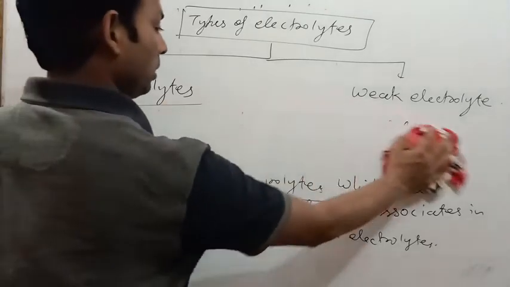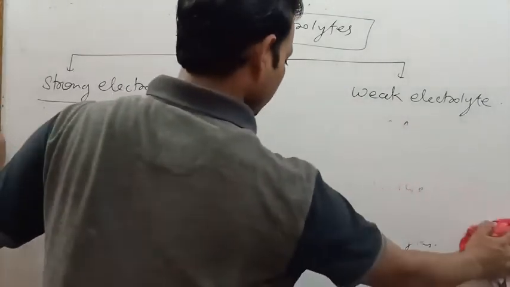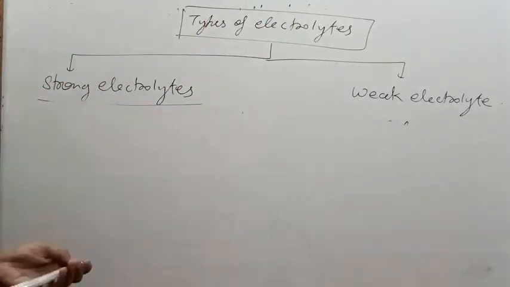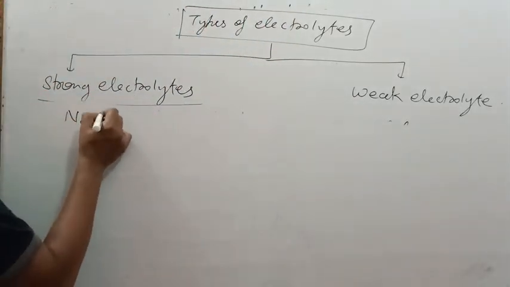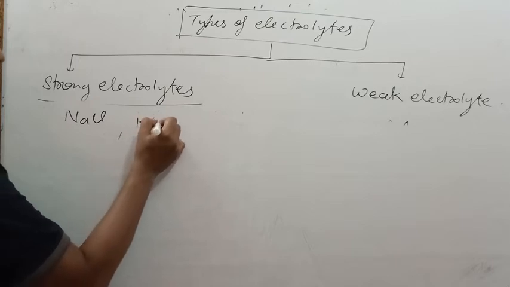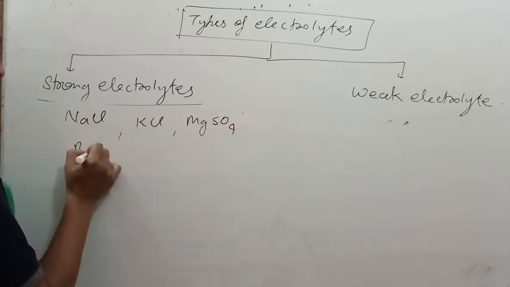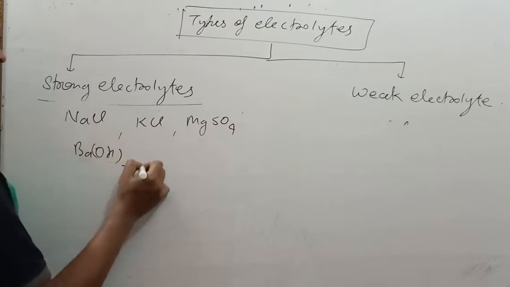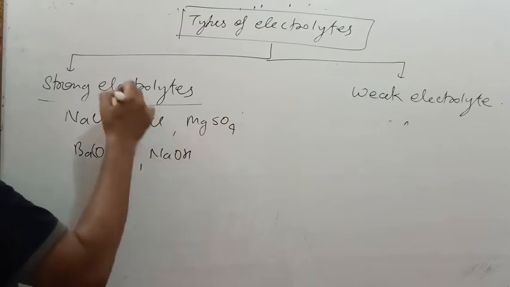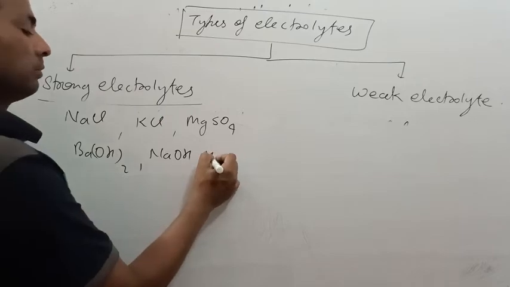Okay, students. Strong electrolytes are like NaCl, KCl, MgSO4, barium hydroxide, NaOH, etc. These are strong electrolytes.